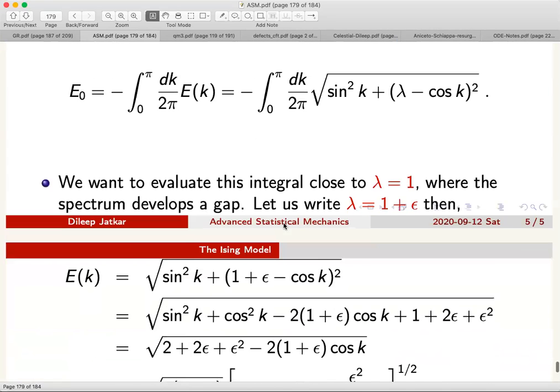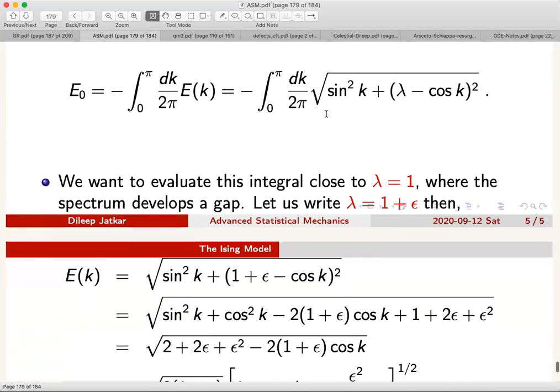And then compute the Ek, which is this square root expression, for lambda equals 1 plus epsilon. So that is just sine squared k plus 1 plus epsilon minus cos k, whole squared, just substituting the value of lambda. Now you can just expand this expression.